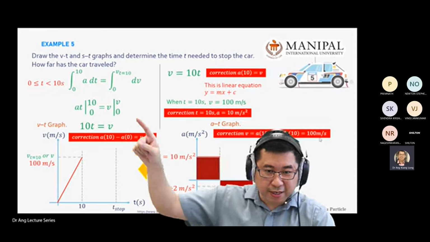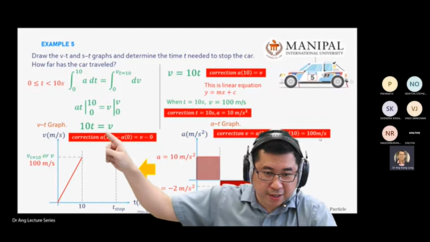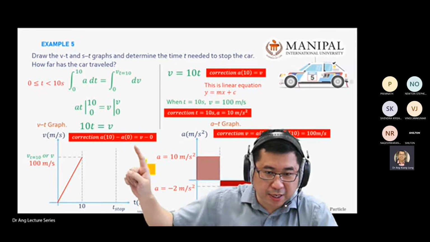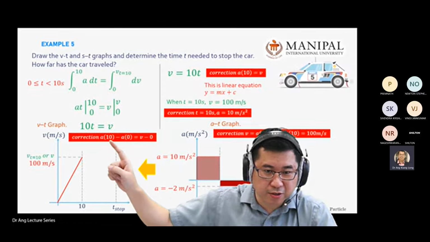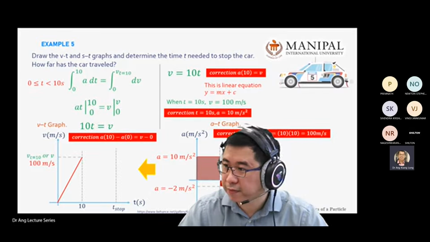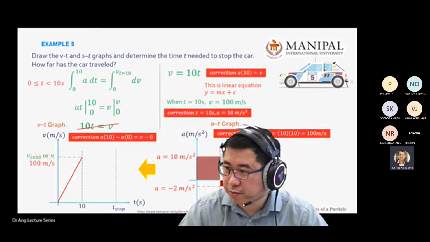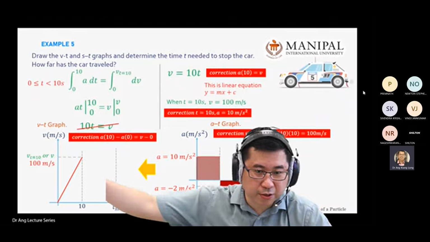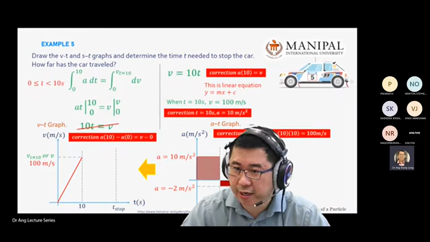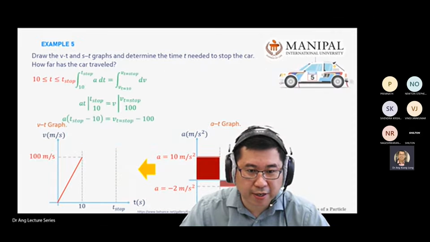Take note, there are some typo errors in my slides. It's not T, but it's A. Right? It's A, not T. Okay, let's move on. And again, this equation is wrong already, that's why I put a line there. Let's move on. The rest of the steps are correct.